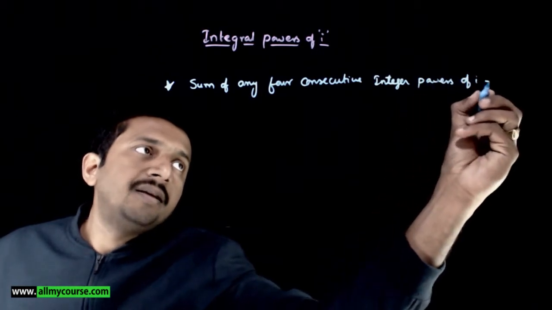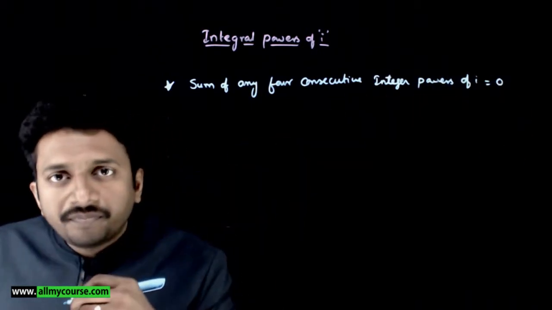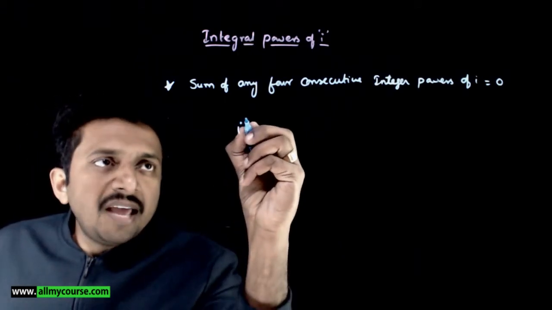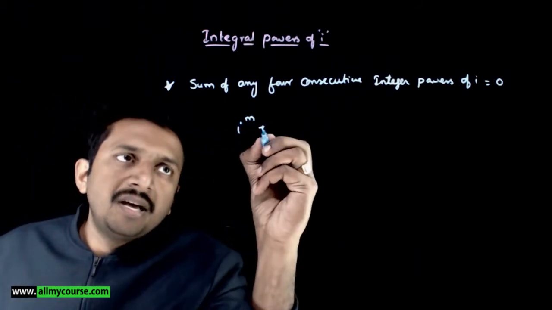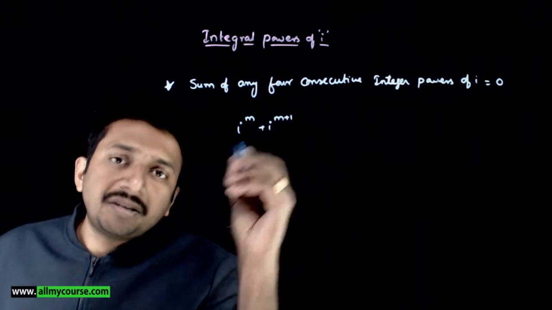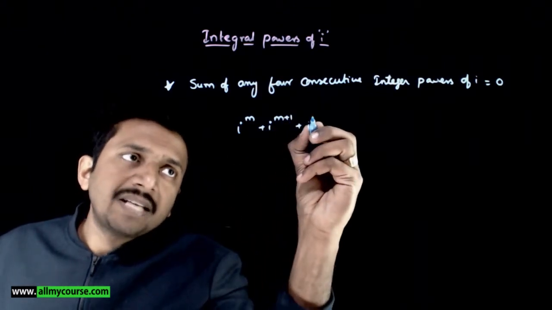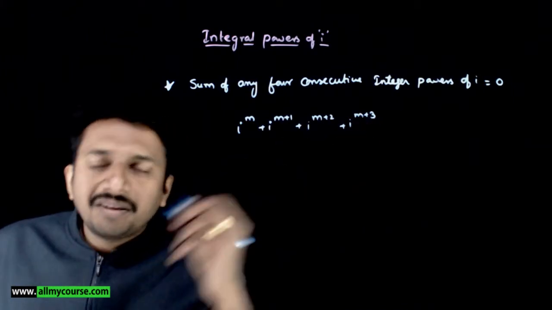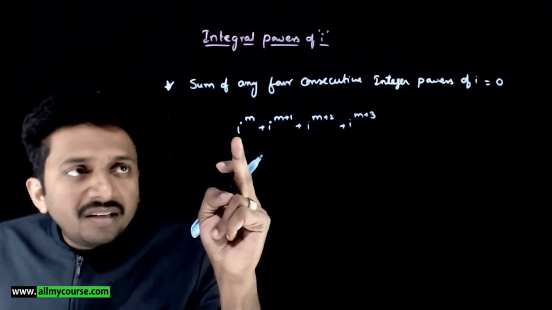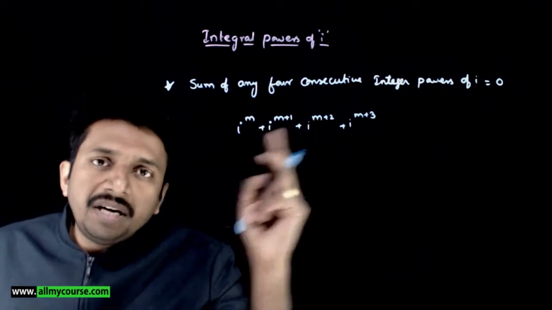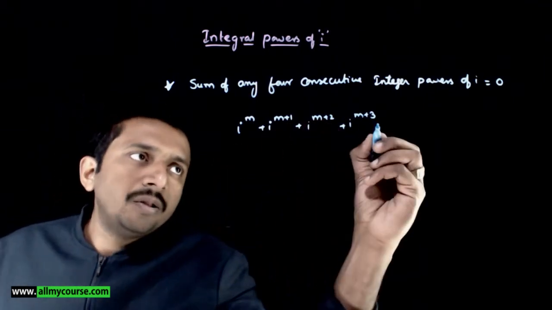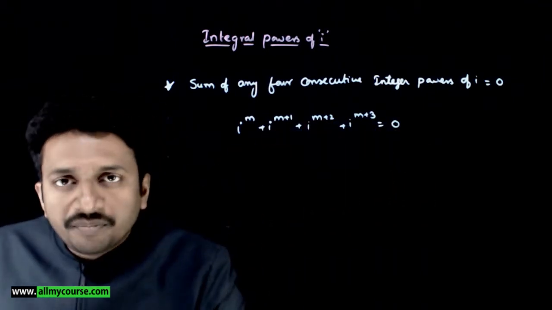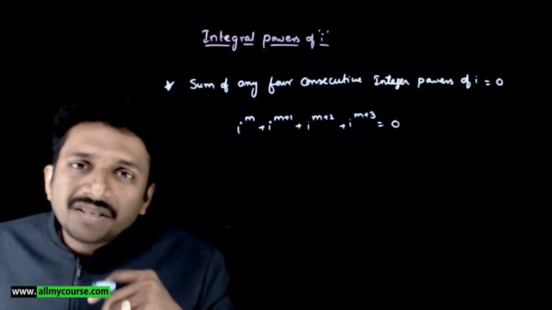That is, if you have i power m plus i power m plus 1 plus i power m plus 2 plus i power m plus 3, so if you have 4 consecutive integer powers of i and you add all those, this will always give you 0. So you can analyze this very easily.